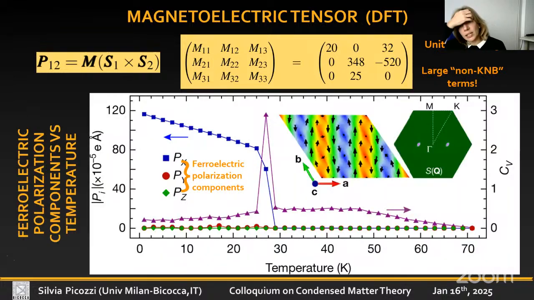In the helix case, we could get the emergence of ferroelectric polarization below, again, the magnetic ordering temperature, which was consistent with what Riccardo Comin found. This is why we proposed NiI2 to be the first improper multiferroic in the 2D world.